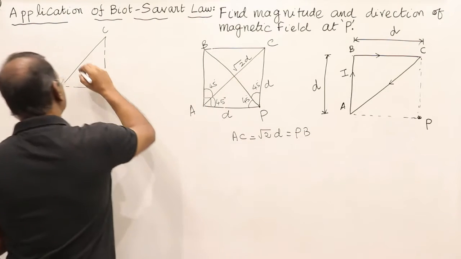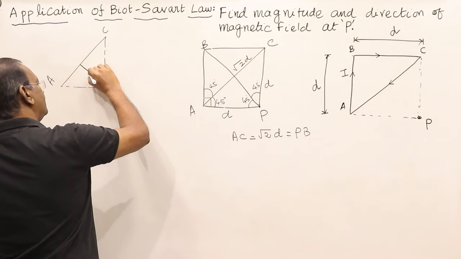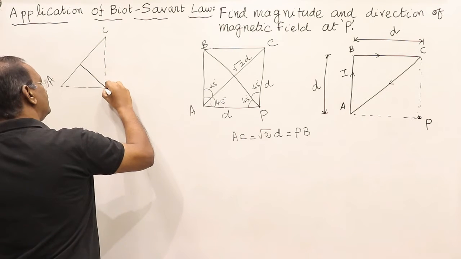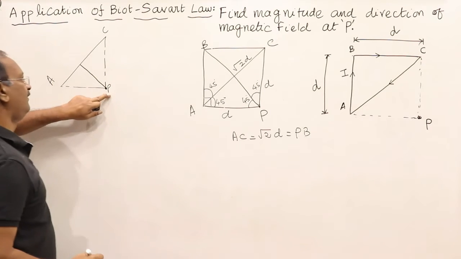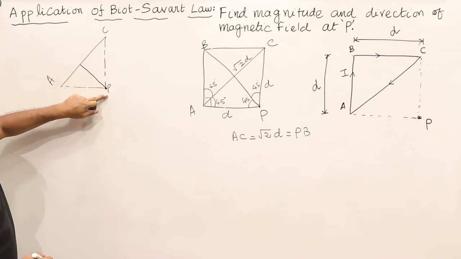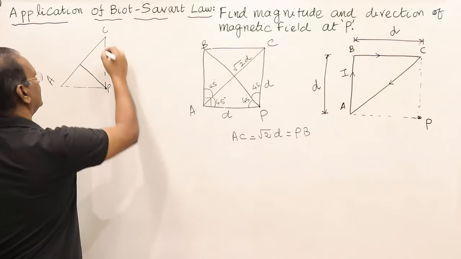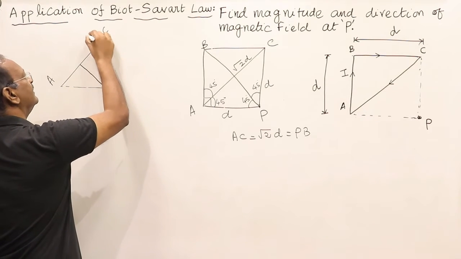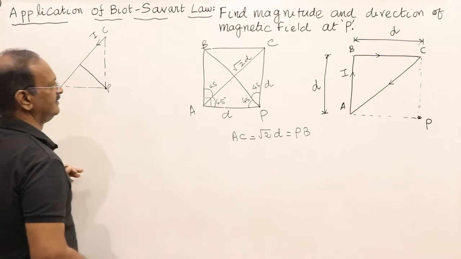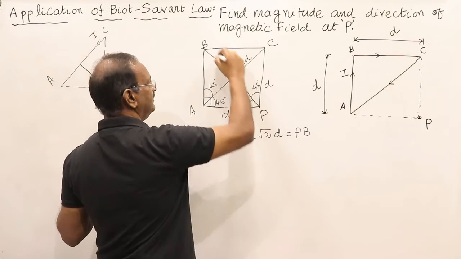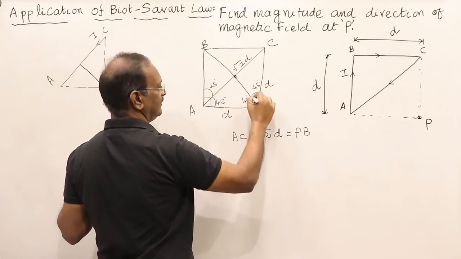Now we want this perpendicular. First we have to draw the perpendicular distance to the point P, because here we are interested to find out the magnetic field at this point due to this wire. The current is flowing like this. So this perpendicular, what is this? This half of this distance is equal to this one.